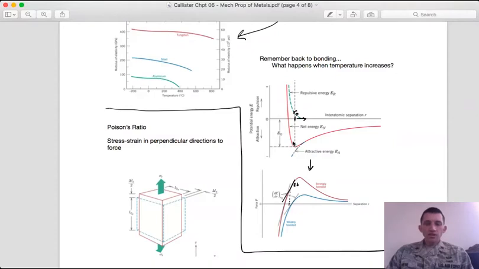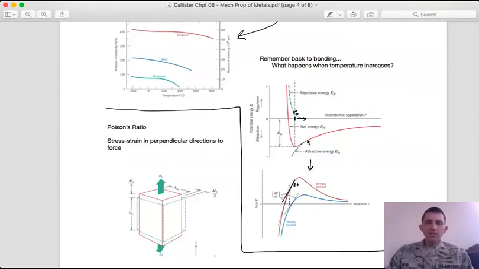And even then it's an approximation, because the real force curve is asymmetric, which means that as I oscillate more extremely about this equilibrium spacing, I actually spend more time further apart than I do closer together.